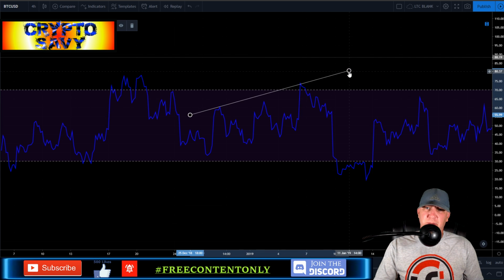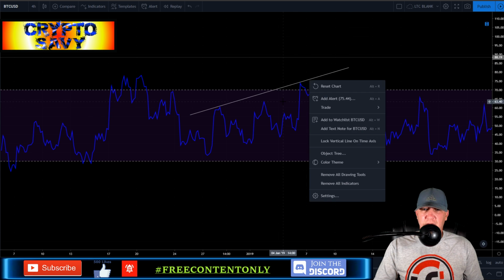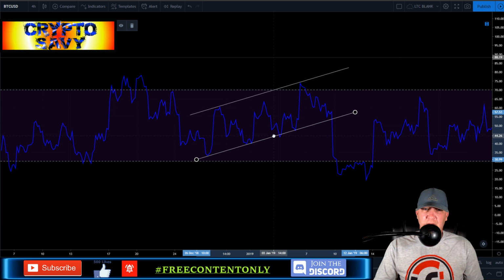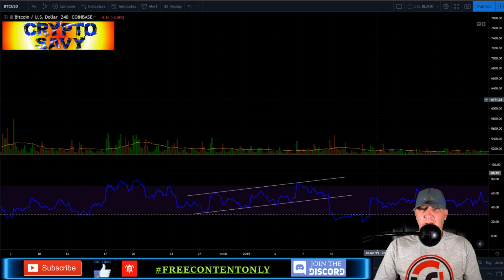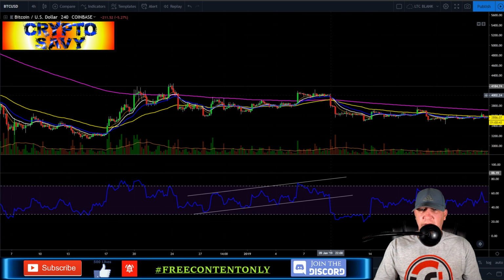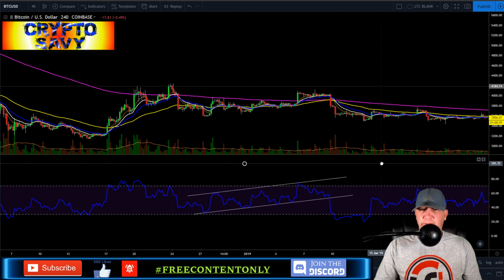But if you were watching this form, same thing like I was saying, you right click on it, clone it, bring it down, and you see it matches up with these resistance lines right here. And when it broke down, obviously you knew you were getting a move. Let's see what that move did.